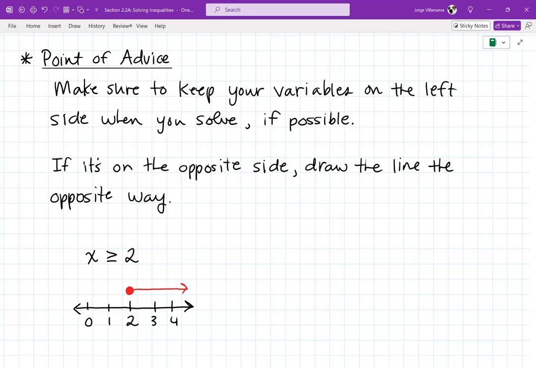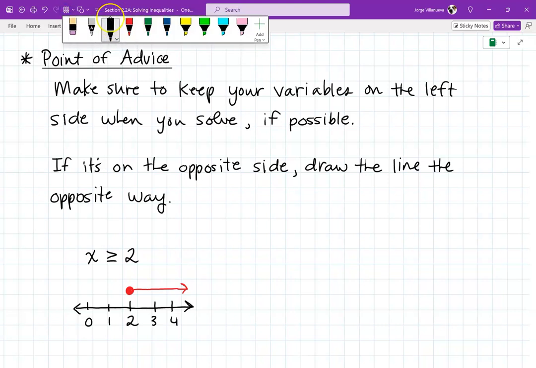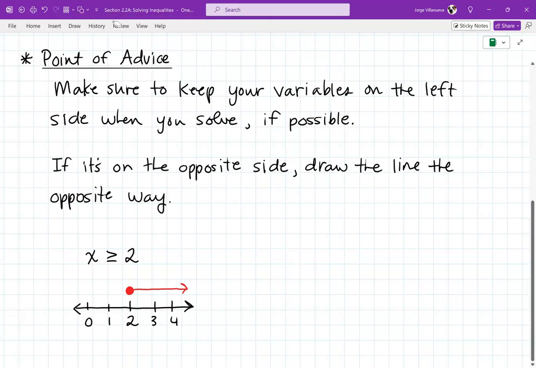Okay? So what do I mean by if it's on the opposite side, you go the opposite way? Well, this is what I'm talking about. Let's say you get an answer of, I don't know, -3 is greater than m. Something like this. So you went through and you solved everything and you noticed, oh man, my letter's on the opposite side.